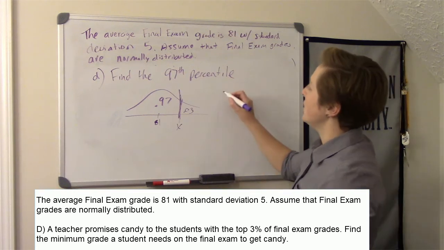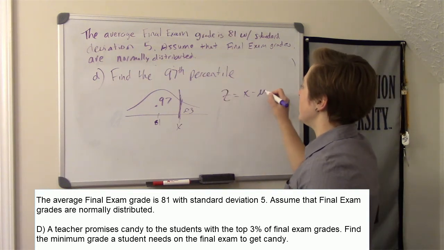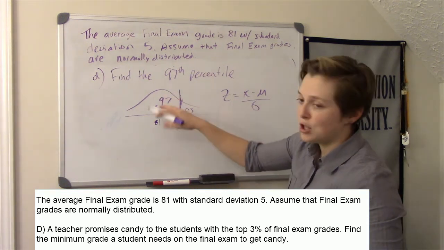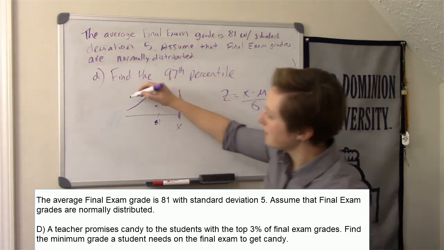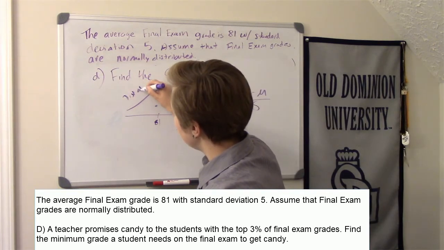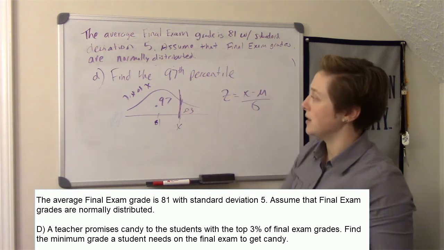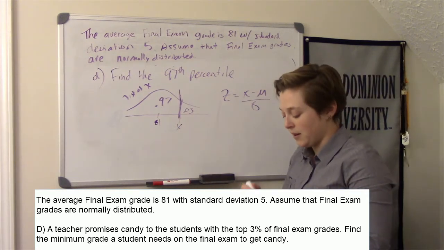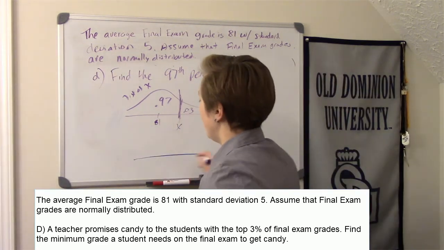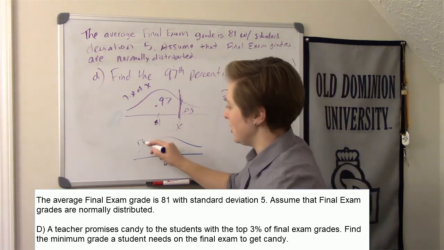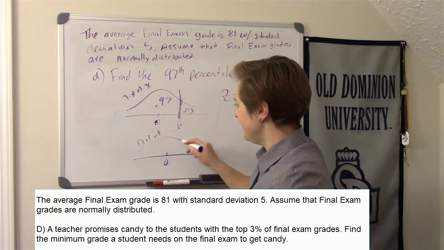And we have this equation, z equals x minus mu divided by sigma. So this is a distribution of x, of a student's final exam grade. X is your final exam grade. We have the table which is centered on 0, so we need to consider the distribution of z.